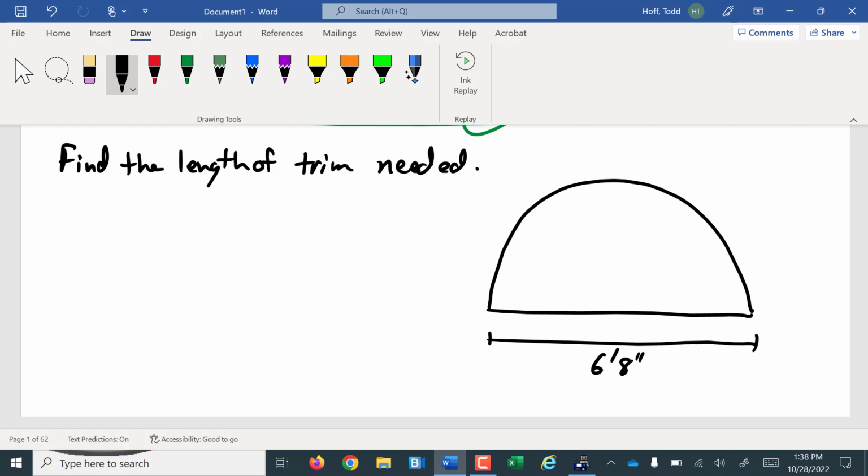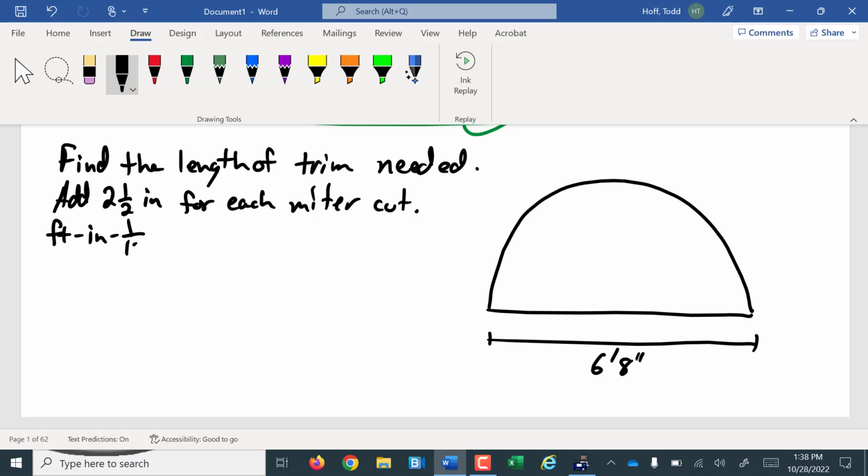So we're going to find the length of trim needed to go around that whole window. We're going to add 2.5 inches for each miter, and we're going to give the answer in feet, inches, and sixteenths.